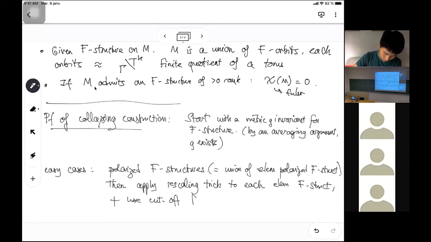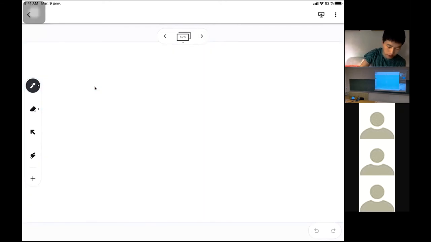Cutoff functions. I'm going to write down a formula for those who want to see a little bit concretely how it works for the cutoff function. It's not completely trivial. Say you start with your open set U alpha. So U alpha is one of those open sets on which you can define your elementary F structure.